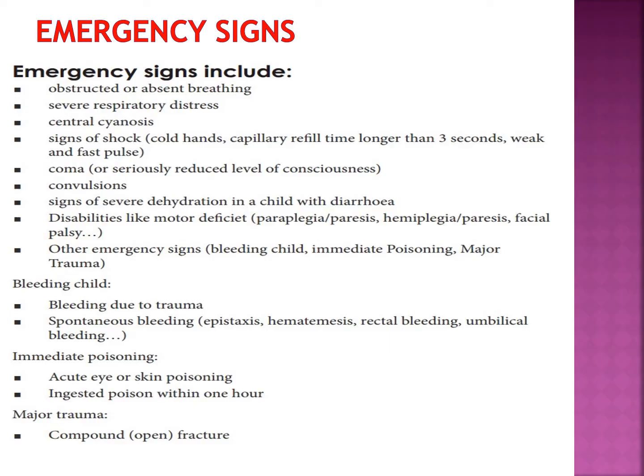Bleeding can be due to trauma or spontaneous bleeding, and immediate poisoning can be acute eye or skin poisoning, or ingested poisoning within 1 hour. And also, compound fracture is an emergency sign. Those are the emergency signs.